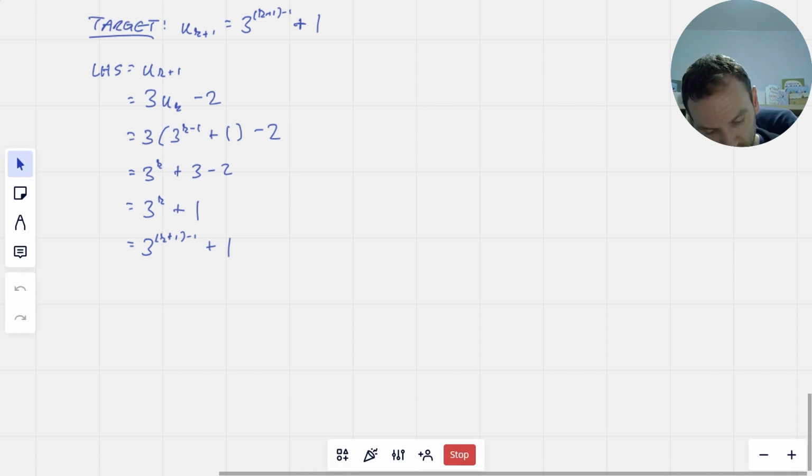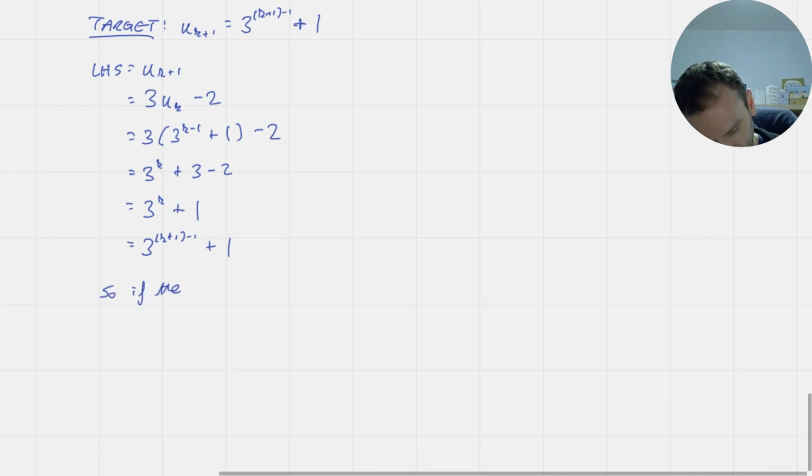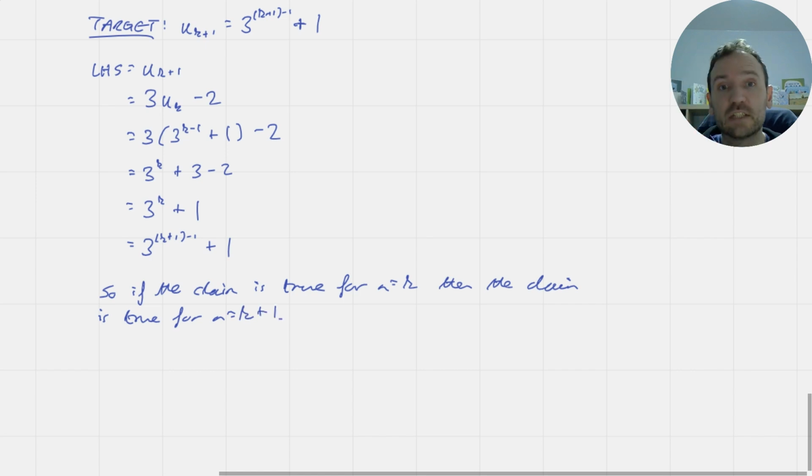So first sentence of the conclusion is, so if the claim is true for n equals k, then the claim is true for n equals k plus 1. Note, we're not saying the claim is true for n equals k and n equals k plus 1. We're just saying if it's true for n equals k, then it's true for n equals k plus 1.